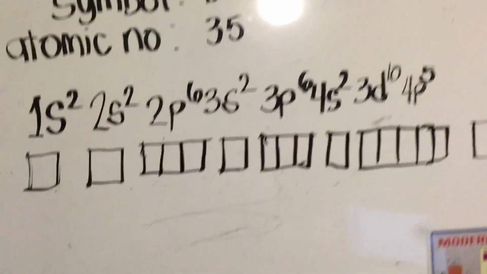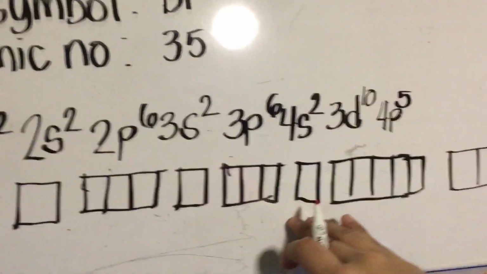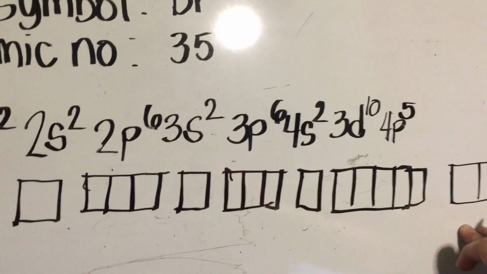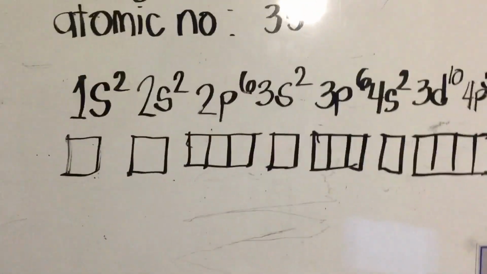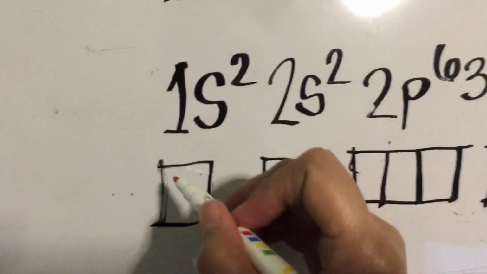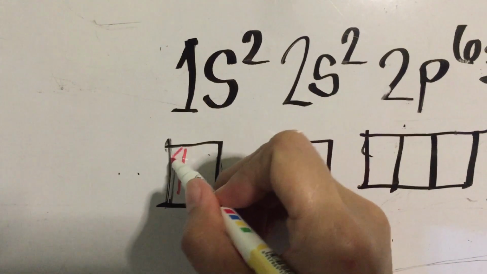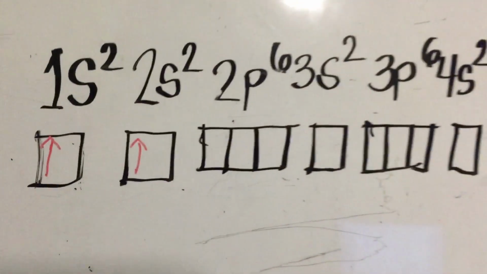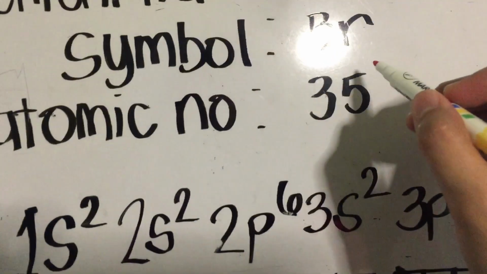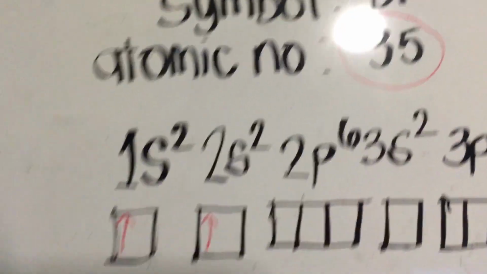Okay? So again, lalagyan muna daw natin lahat yan, tig-iisang electron. And this time, electron is represented by arrow. So arrow na yung gagamitin natin. So ito muna, up muna lahat. 1, 2. By the way, ilang electron ang ilalagay natin? Siyempre, 35 kasi kay bromine yan eh, di ba?